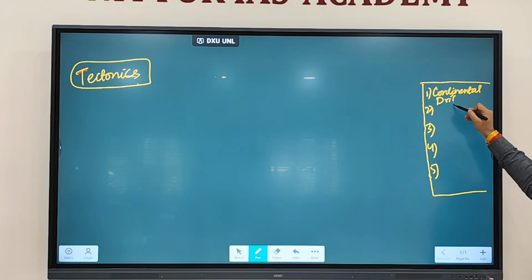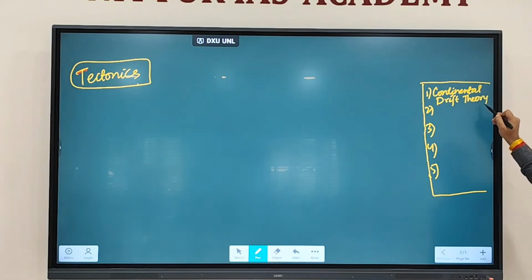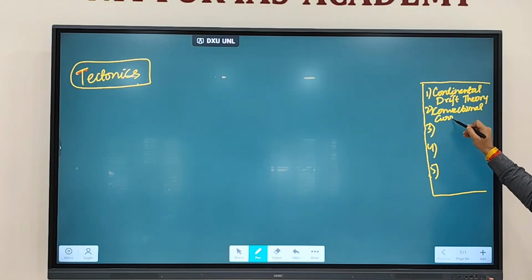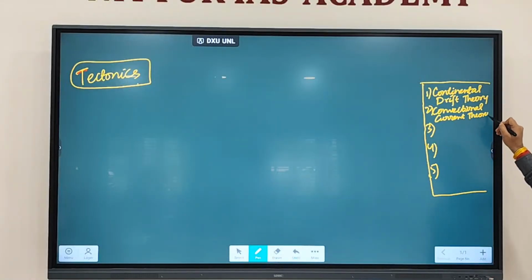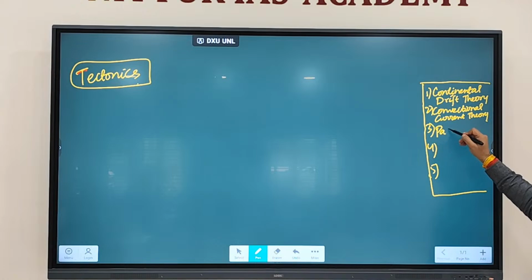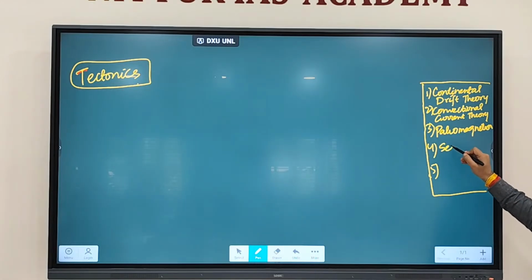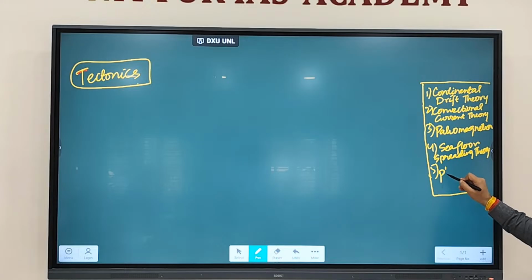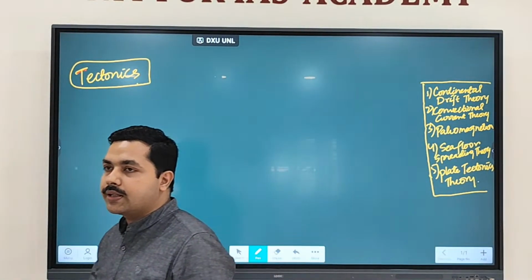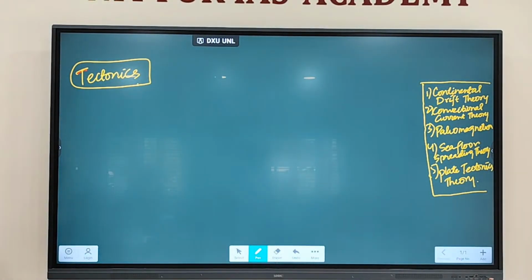The second theory is convectional current theory. The third theory is paleomagnetism. The fourth is sea floor spreading theory. And the last theory, that is the present theory, is plate tectonics theory. So these are 5 theories that you need to read from a geomorphology perspective.